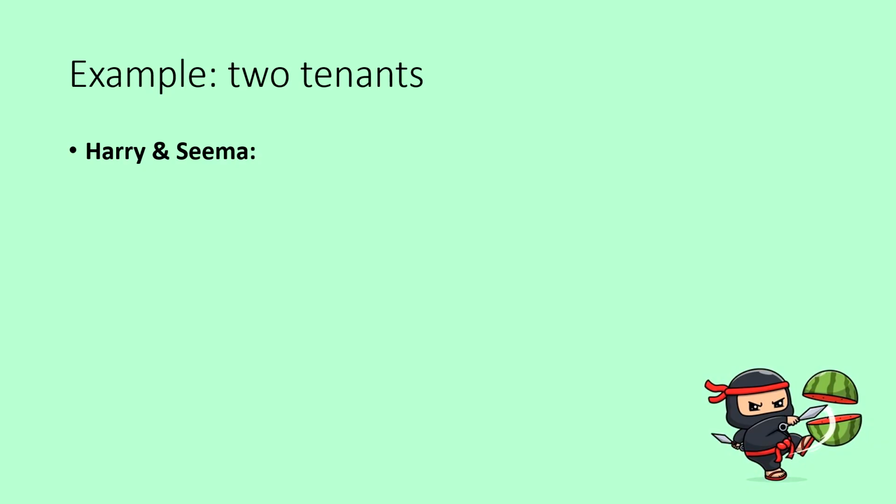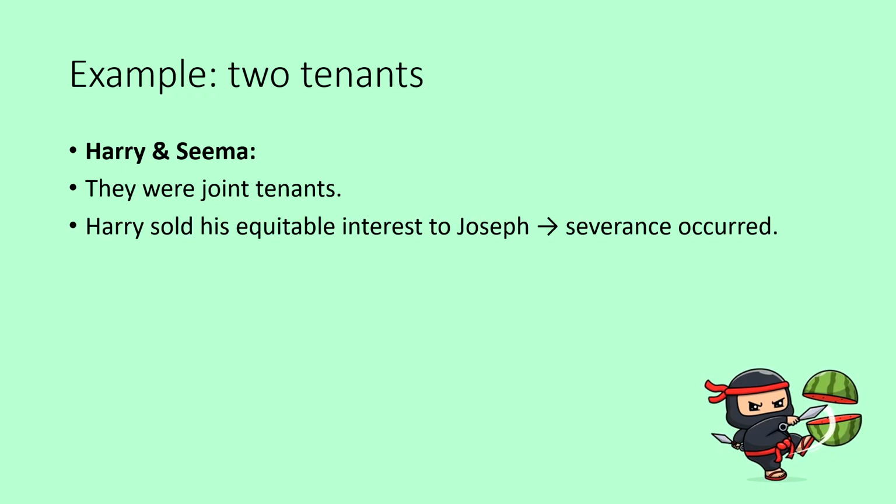And to them, the rule of survivorship and everything else still applies. So, just two examples to make this a bit clearer. Imagine we've got two tenants only this time, Harry and Zima, and obviously they were joint tenants in the beginning. Now Harry sells his equitable interest to Joseph. If you remember from the previous slides, if you sell your interest, this automatically means that there is a severance.